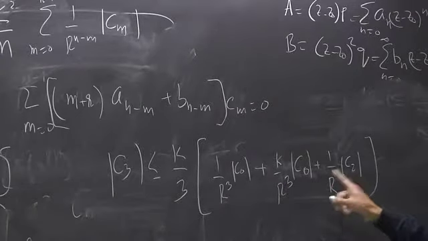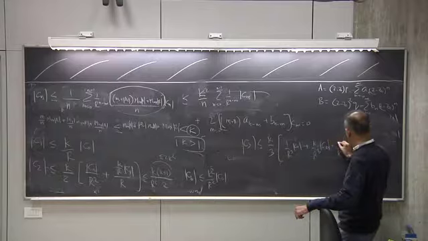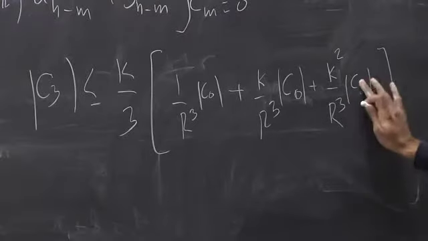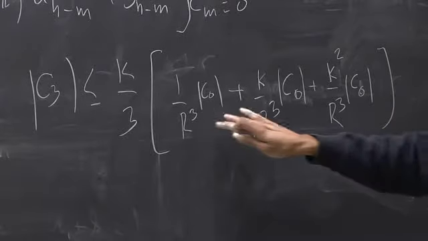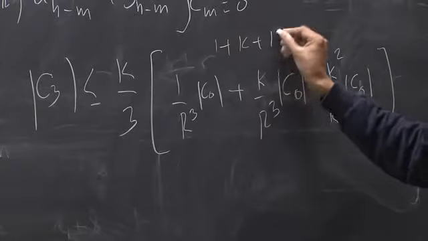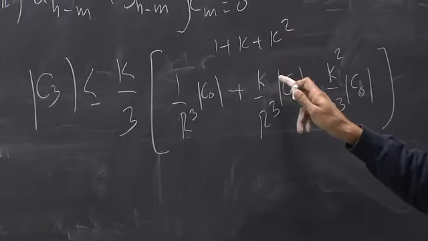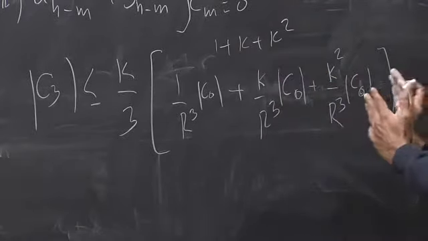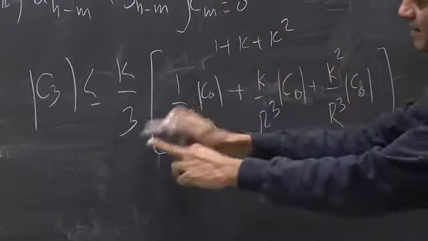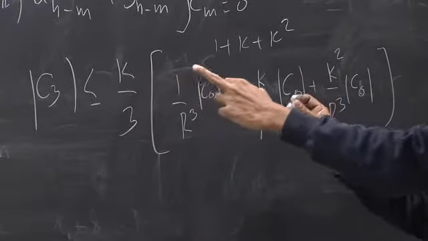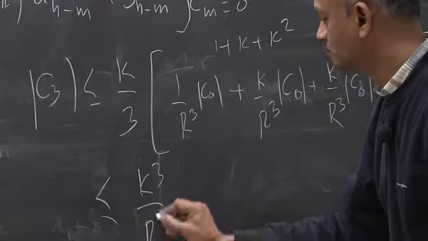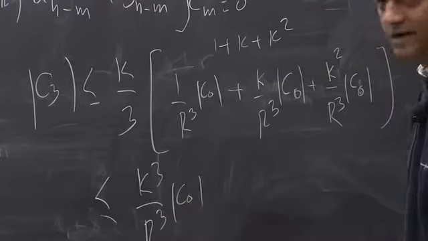Here is C2, and C2 is kappa squared, so there's a kappa squared, r squared times r is r cubed again, and this is replaced by C0. Now C0 over r cubed I can take out, and you get 1 plus kappa squared as a coefficient. But this is less than 3 kappa squared, right? And 3 cancels, so you get kappa squared times kappa cubed. So this is always the case. This is less than kappa cubed over r cubed C0, right?